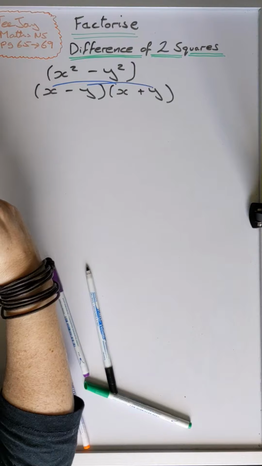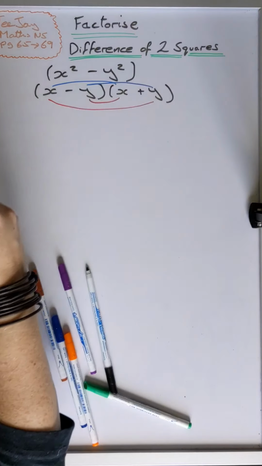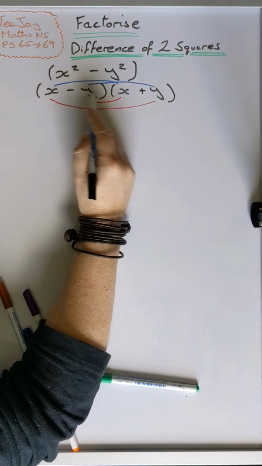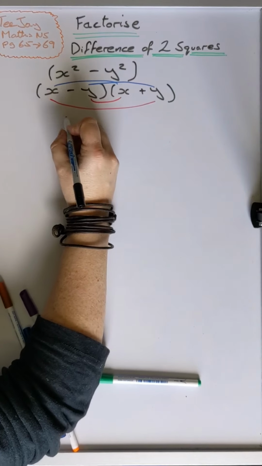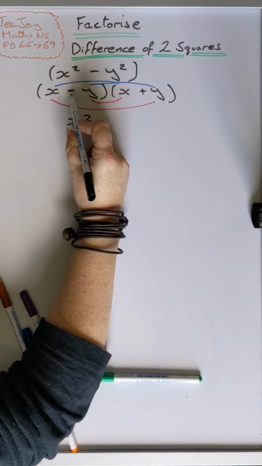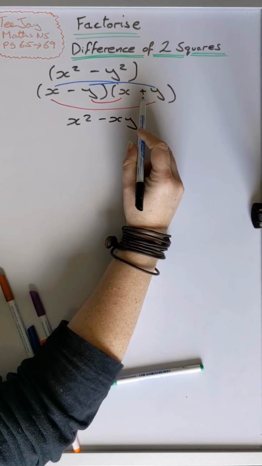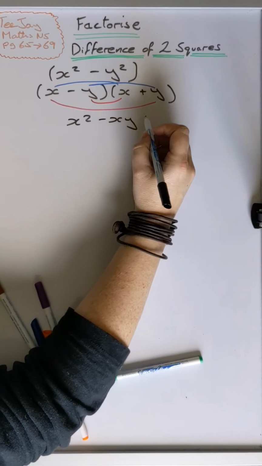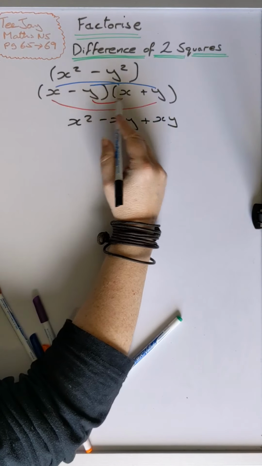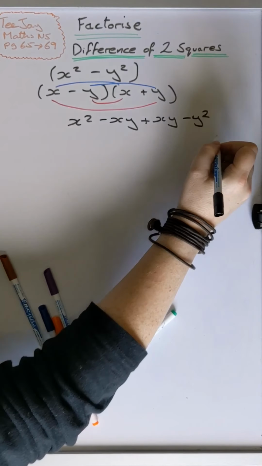So there's our eyebrows, our nose and our mouth. And what we get is x times x, which is x squared, minus y times x, which is minus xy, plus y times x, which is plus xy, and minus y times y, which is minus y squared.